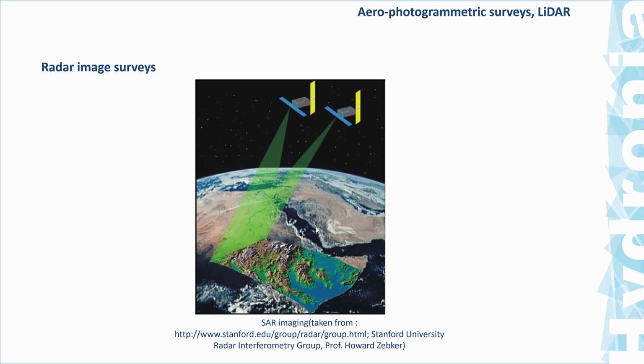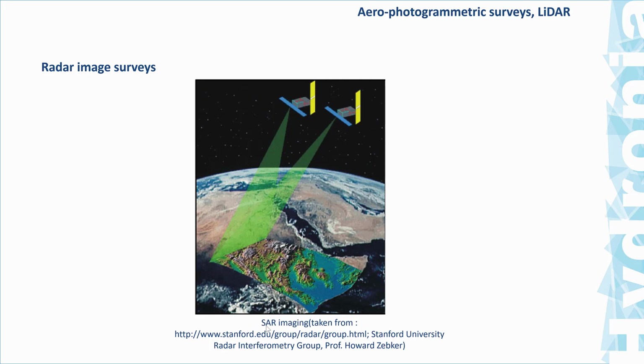The radar image surveys, as the name implies, are obtained by radars that are located also in satellites, but it's the radar image that scans the Earth, and by scanning the Earth at different times and locations, they can obtain the surface of the Earth, or how it changes, and the mountains, depressions and so forth.